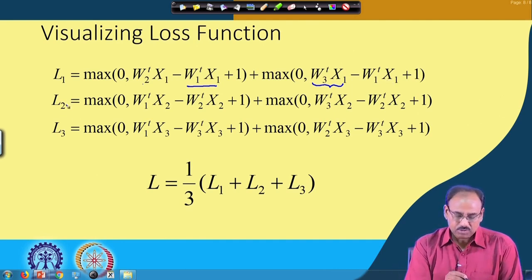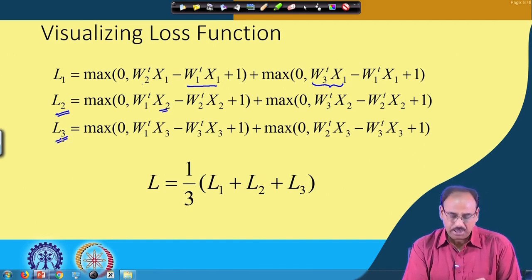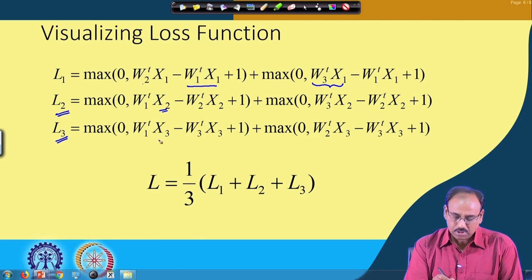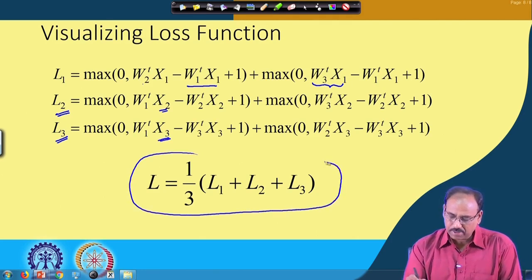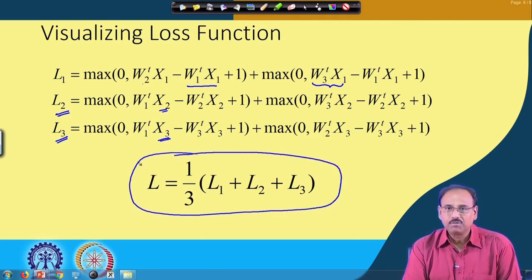Similarly, we define loss function L2 for the training vector x2. We also define the loss function L3 for the training vector x3, and the overall loss is given by 1/3 of L1 plus L2 plus L3.